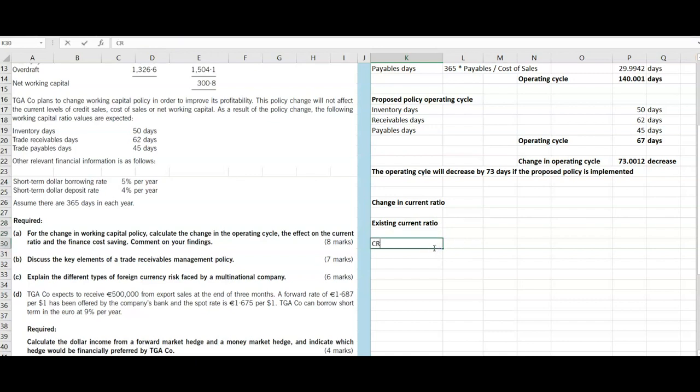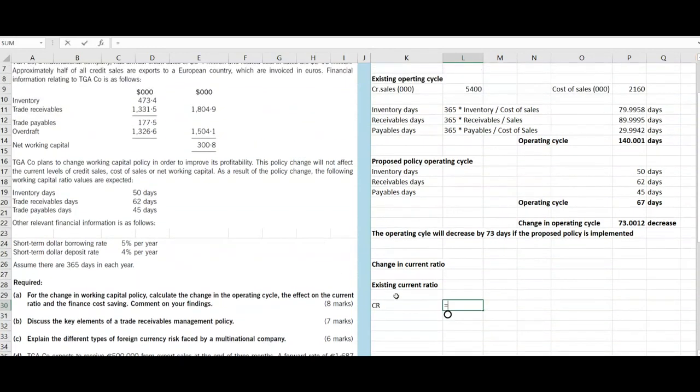So the current ratio is very easy to calculate. It's going to be the inventory, which is 473.4, plus the receivables, which is 1331.5. That's the numerator, so we put it in a bracket, divided by the trade payables, which is 177.5, and the overdraft, which is 1326.6.